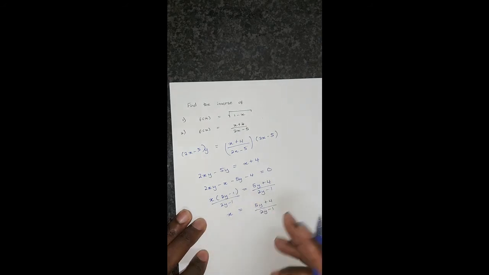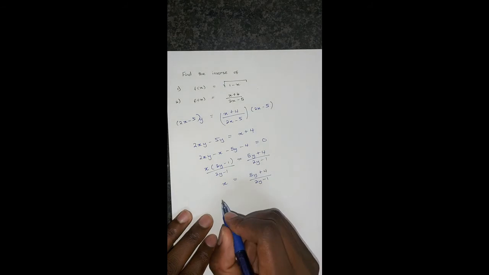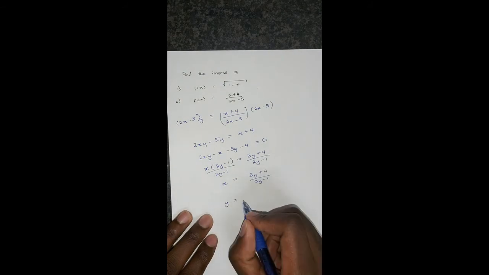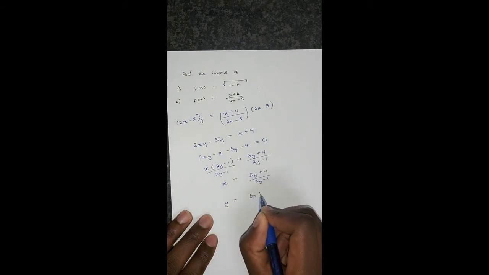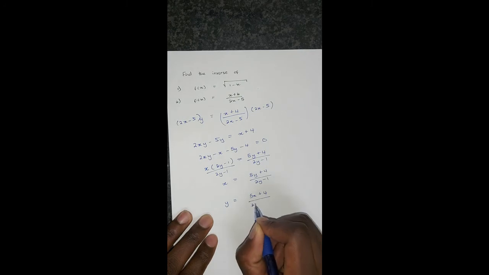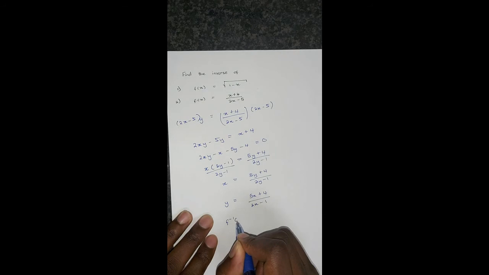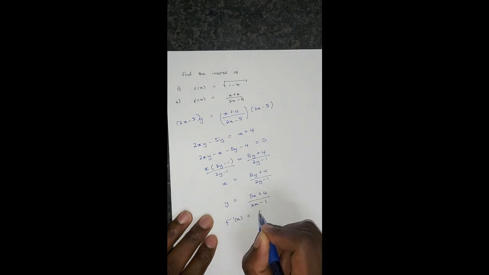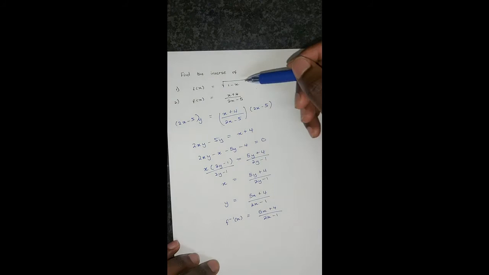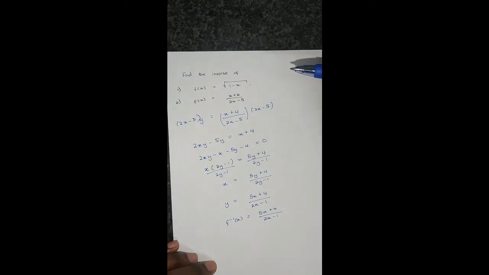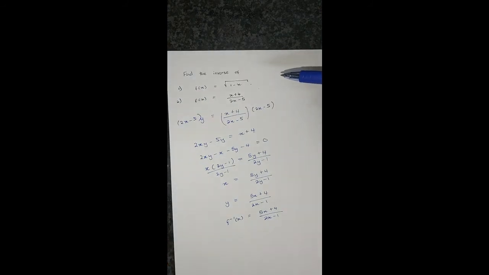And then I interchange x and y. So it's y being equal to 5x plus 4 over 2x minus 1. Then your y is f inverse of x, being equal to 5x plus 4 over 2x minus 1. Then you can find the domain and the range in a similar way as we did with this one. So that's theme 1.8. So next one we move to theme 1.9.